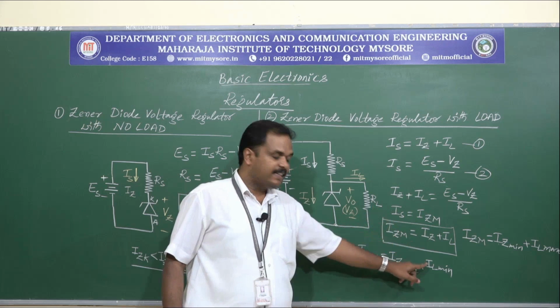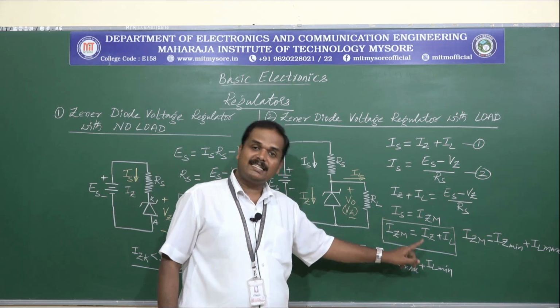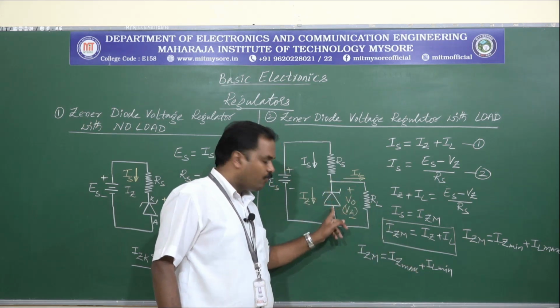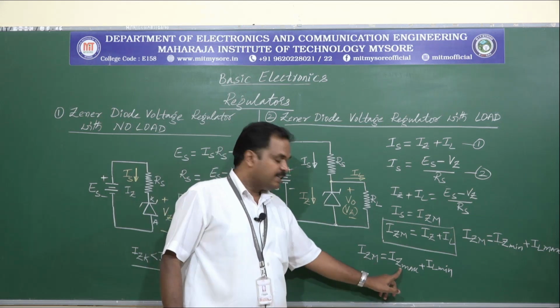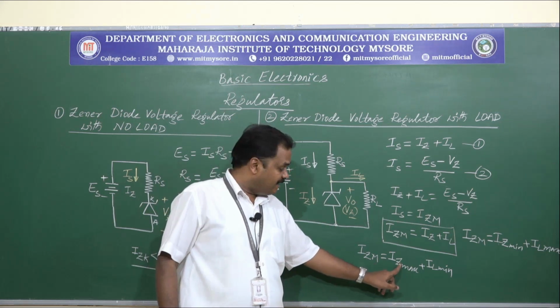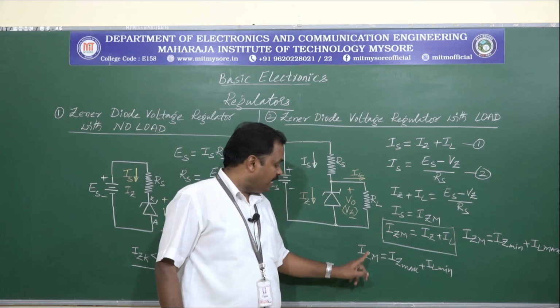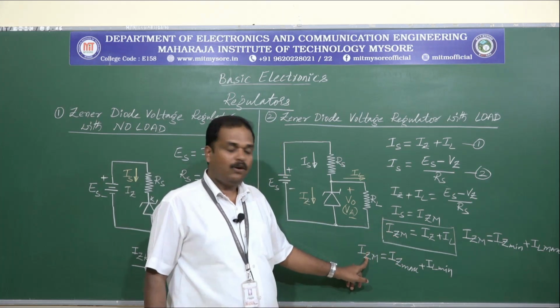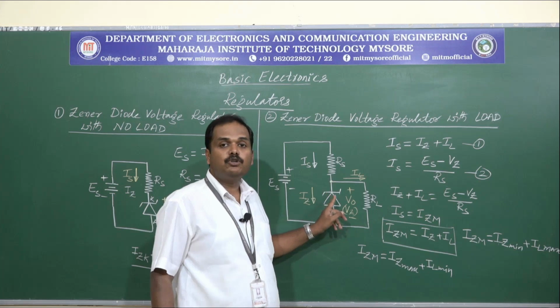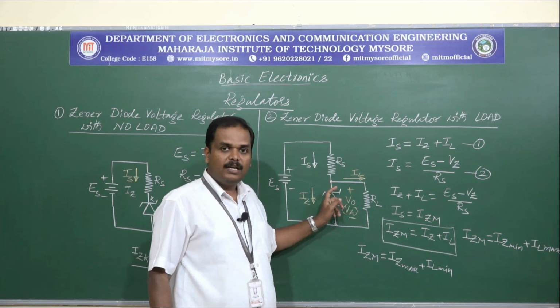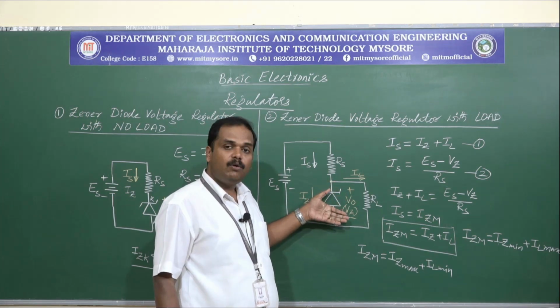If it is too high, then IL min is going to be 0, then all the current will be flowing through the Zener, that is Iz max, and this Iz max should not be more than Izm. If not, the diode is going to be blown off. So this is the design constraint we have.